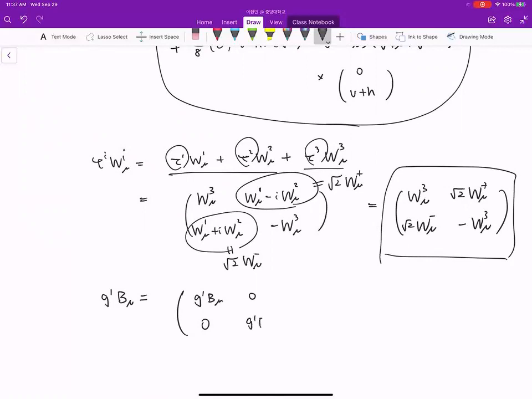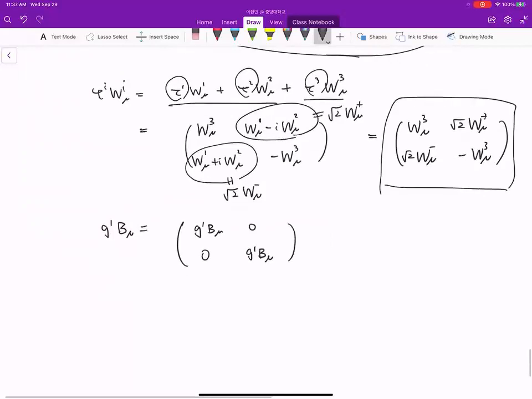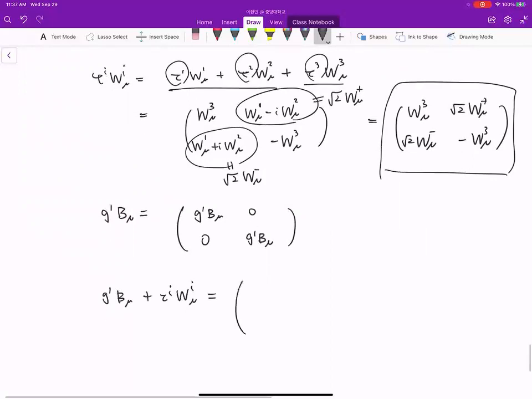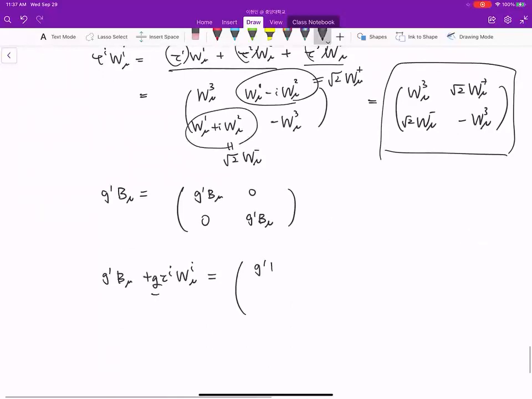So you can write this in matrix form, just the sum of them. So we have a gauge coupling, sorry, g, the SU(2) gauge coupling in front of it.